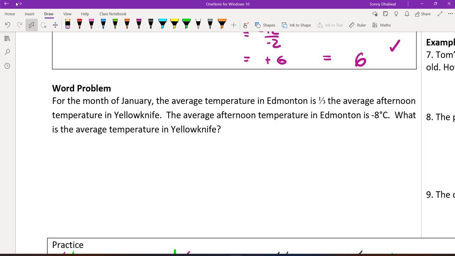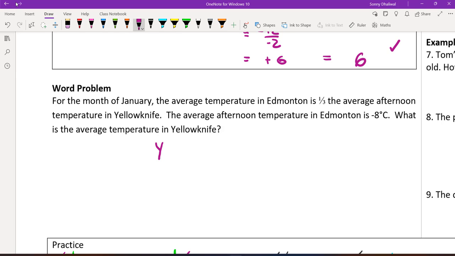All right? If I have Yellowknife's temperature, how would I calculate Edmonton's temperature? We say it's a third. So do we divide by 3? Do we multiply by 3? If I give you Yellowknife's temperature, how would you calculate Edmonton's temperature?